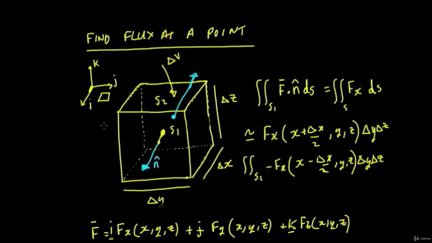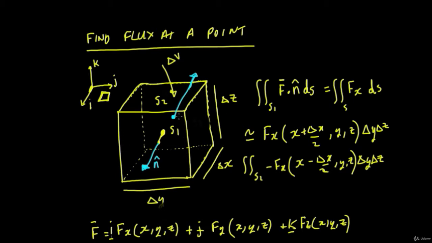So what I've done out here is draw the same little volume element, and we've got a delta x, delta y and delta z, and it's in a coordinate system here, so i is a component in the x, j is a component in the y, and k is a component in the z, and that's a little block sitting somewhere here. So we're interested in finding the flux through all of the surfaces.